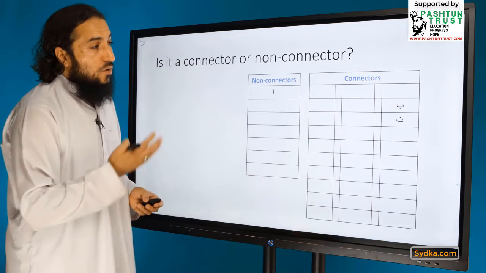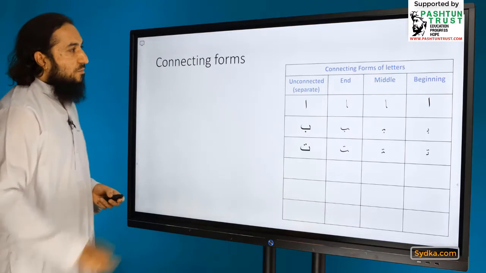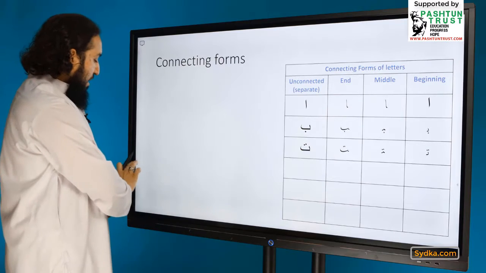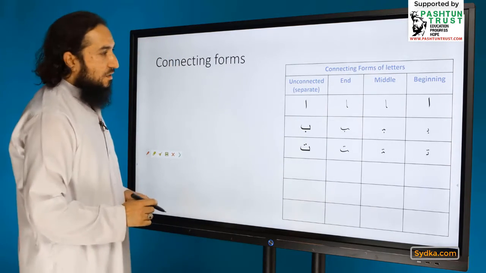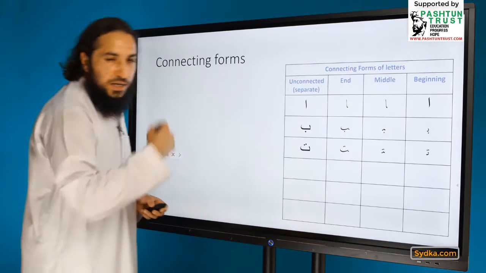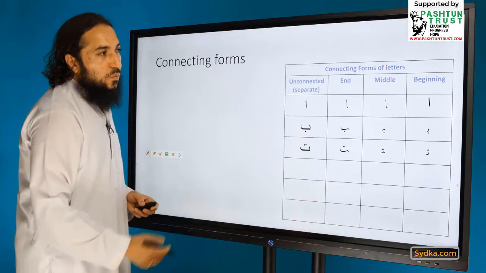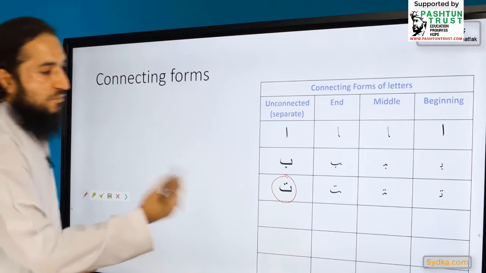Is it a connector or non-connector? It is a connector. Why? Because if you see its connecting forms, that will prove that it is a connecting letter. With a connecting letter, you can connect before or after it.